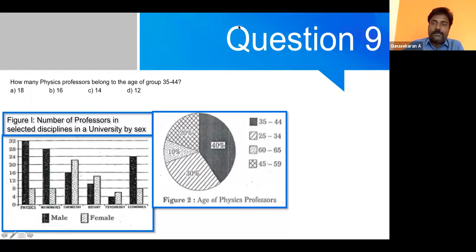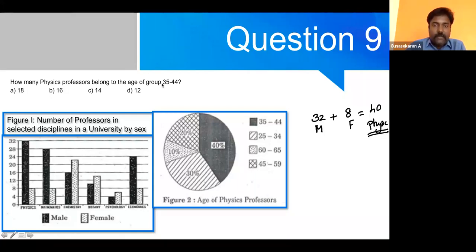See, overall, how many physics professors are there? 32 male plus 8 female. So 40 physics professors are there.